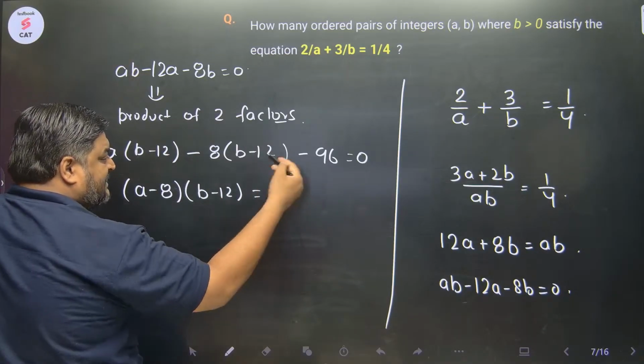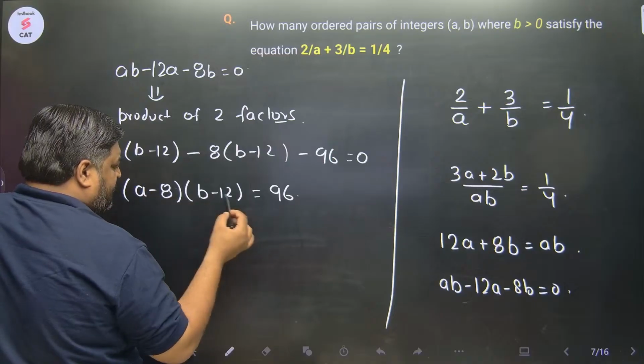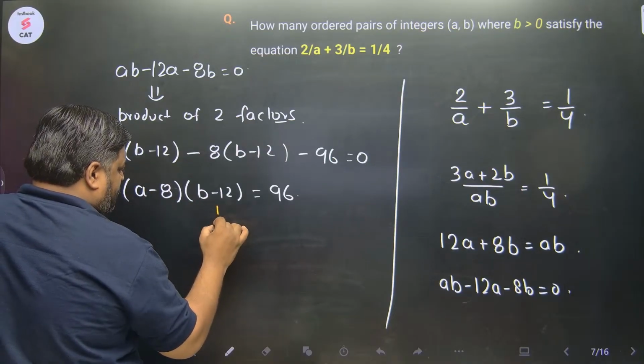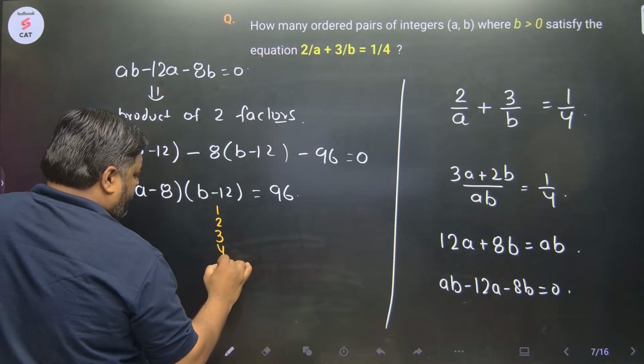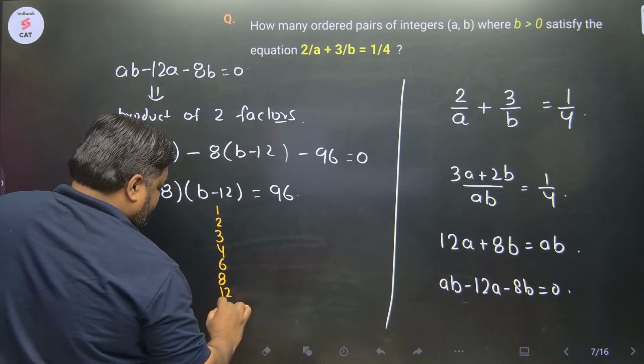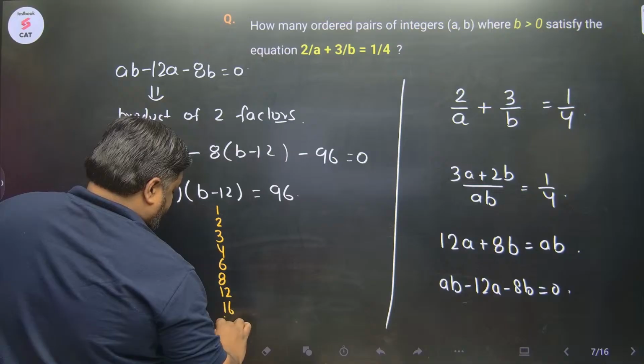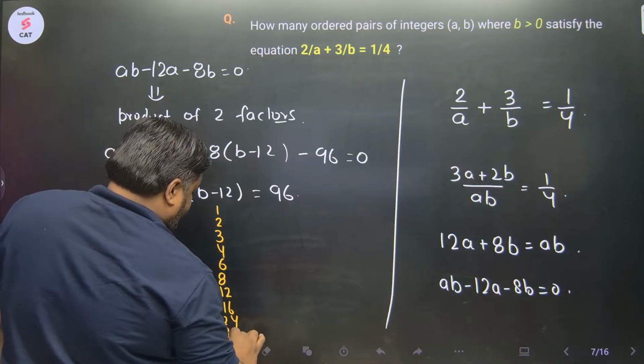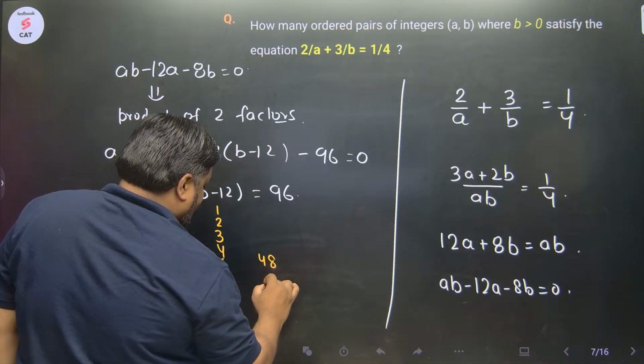Now 96 has 12 factors. The factors of 96 are 1, 2, 3, 4, 6, 8, 12, 16, 24, 32, 48 and 96.